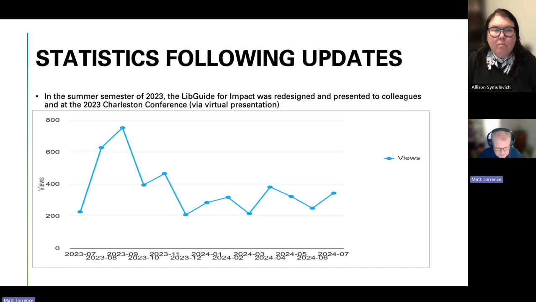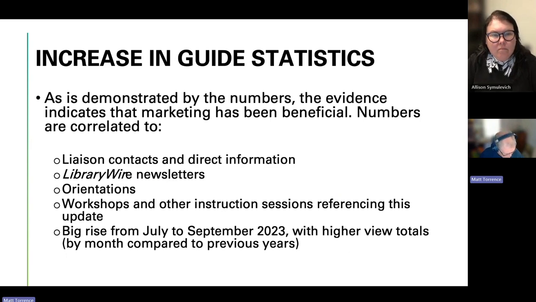And just a little bit more on statistics. Like I was saying, we did work through various channels to do this. We were really aided by our colleagues, and we have a Library Wire newsletter, that's what we call it, distributed by subject by a whole group of people that do wonderful work.